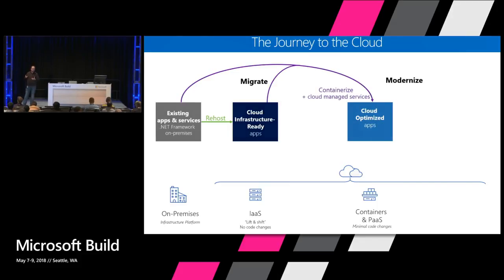The first one is what we call cloud optimized applications, and what that means is you are containerizing your applications, might be monolithic applications, whatever you have, and you probably use Windows containers if you were using .NET Framework, and then you deploy it as Windows containers, plus you also use all the managed services in Azure.